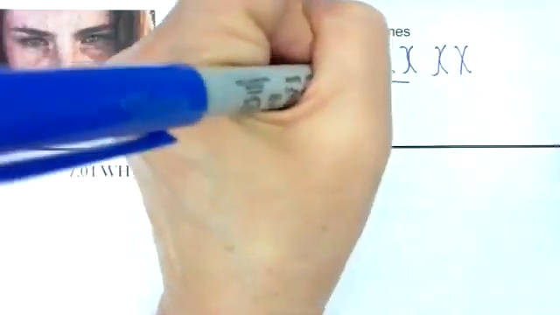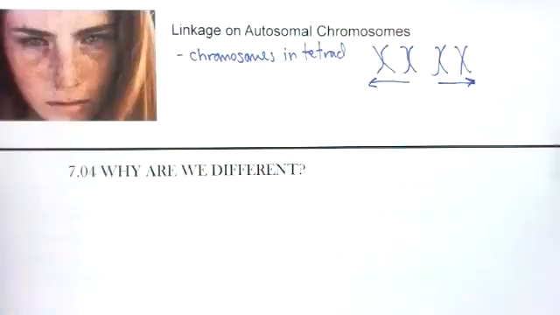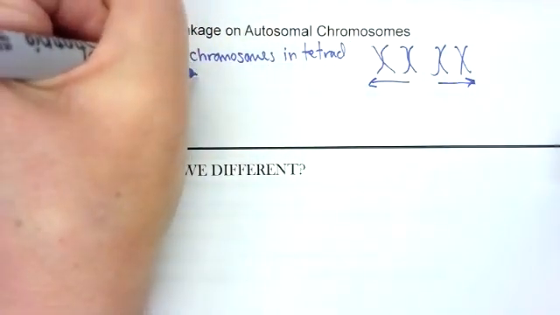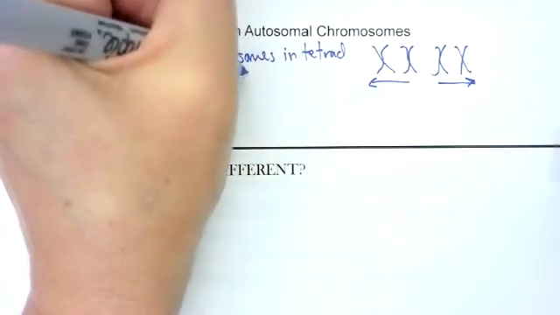And remember, 2 of them are going to go to one cell and 2 are going to go to the other. But we said what can happen here is they can cross over.